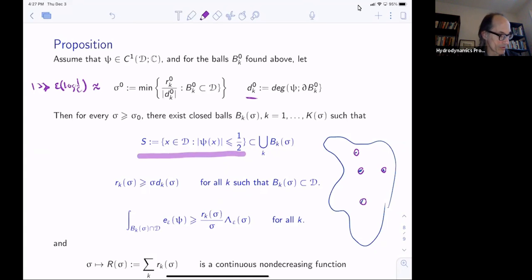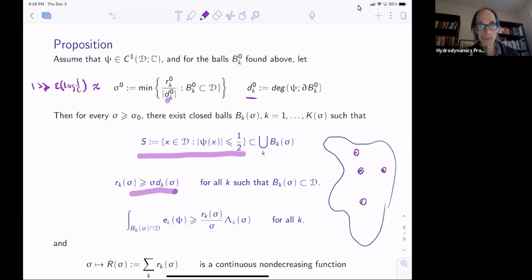So by definition, for sigma naught, it's true that sigma naught is less than or equal to r_k over d_k for every k. So sigma naught times d_k is less than or equal to r_k. This is true for sigma naught by the definition of sigma naught.